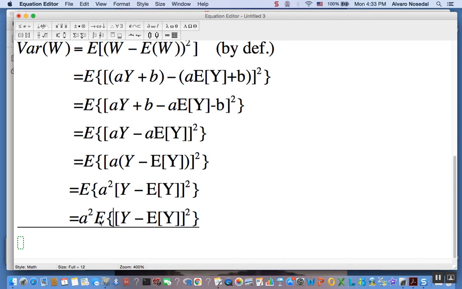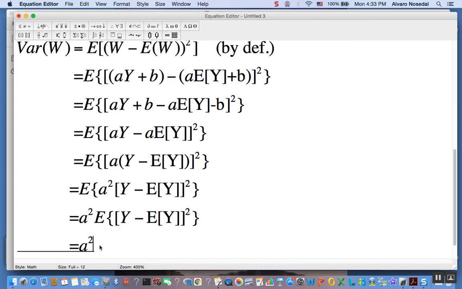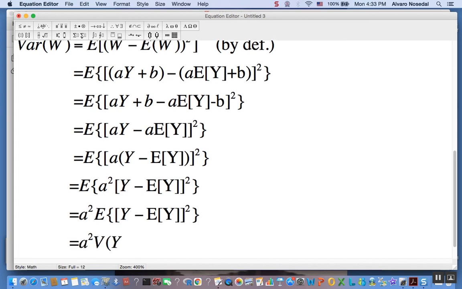Take a close look at that expected value. That expected value is by definition the variance of Y, right? So this is a squared times the variance of the random variable Y.